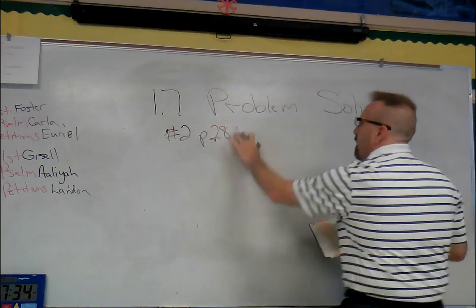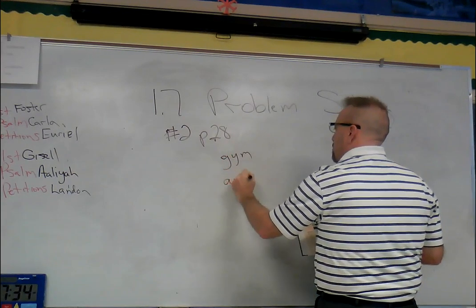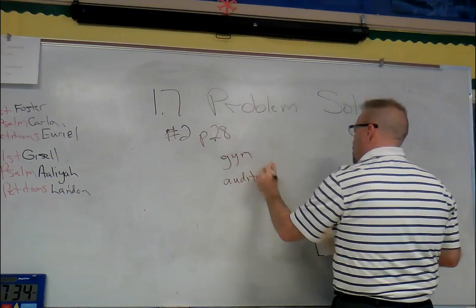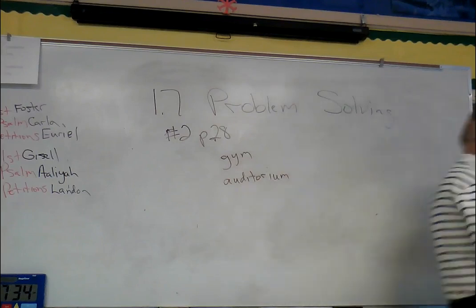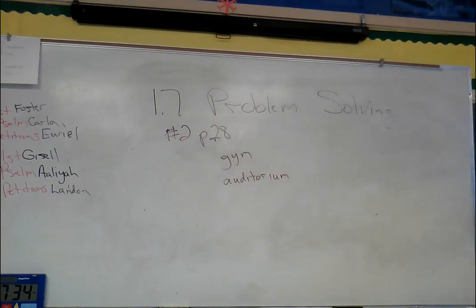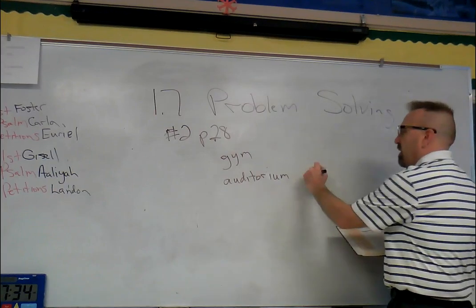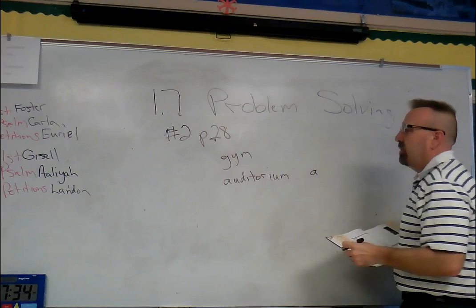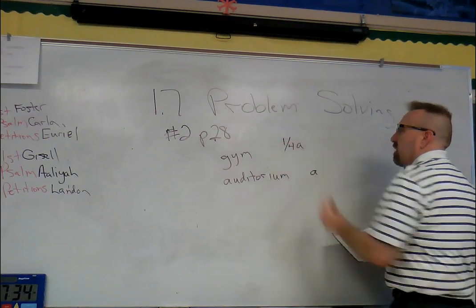So we have gym and we have the auditorium. The gym is also 1/4 as old as the auditorium. So the auditorium, do we know how old it is? No, but we can say it's A. Now the gym, we know, is 1/4 as old as the auditorium.